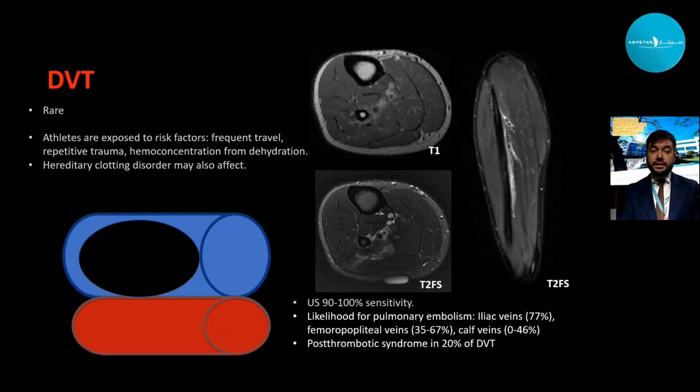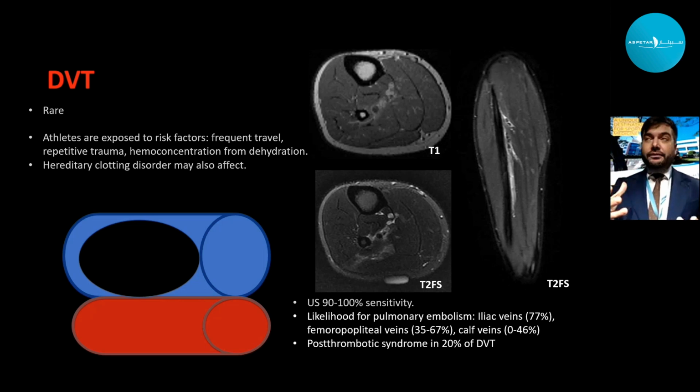It is rare, but we also have to understand that athletes are exposed to risk factors like frequent travel, repetitive trauma, and hemoconcentration from dehydration. Also, a hereditary clotting disorder may also play a role. Ultrasound is the best imaging technique for this type of injury.